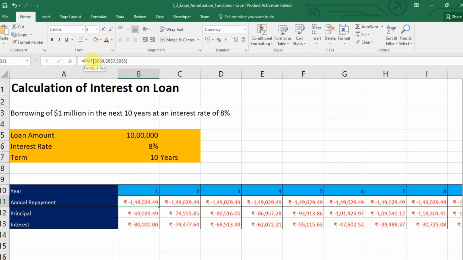Those are the arguments which this function takes, and it has given out a figure, 149,029.49, as the amount.